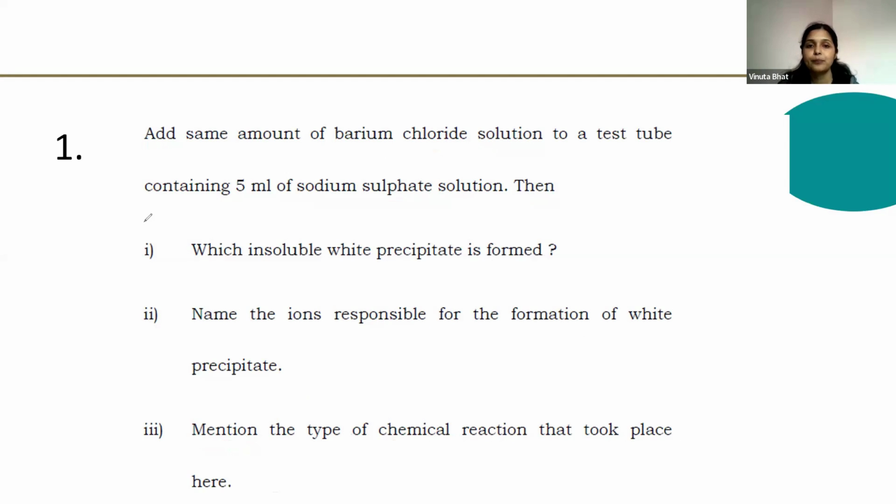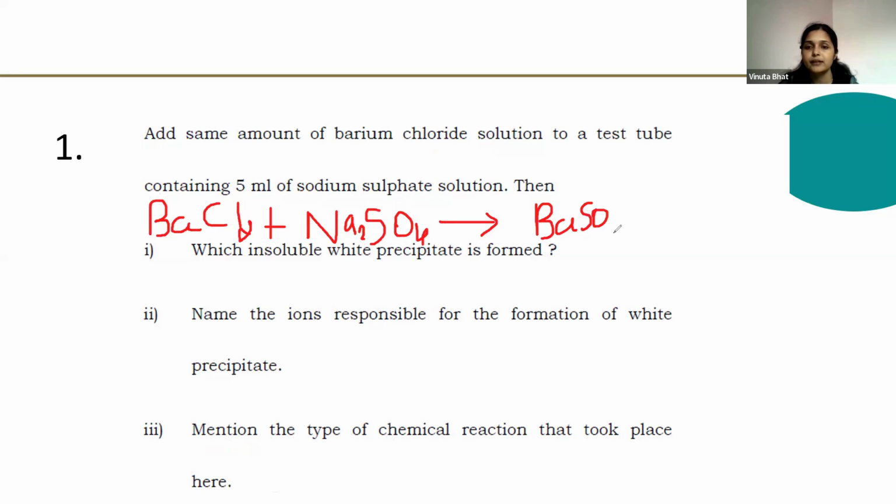When barium chloride, BaCl2, reacts with sodium sulfate, Na2SO4, then it forms barium sulfate and sodium chloride, NaCl.